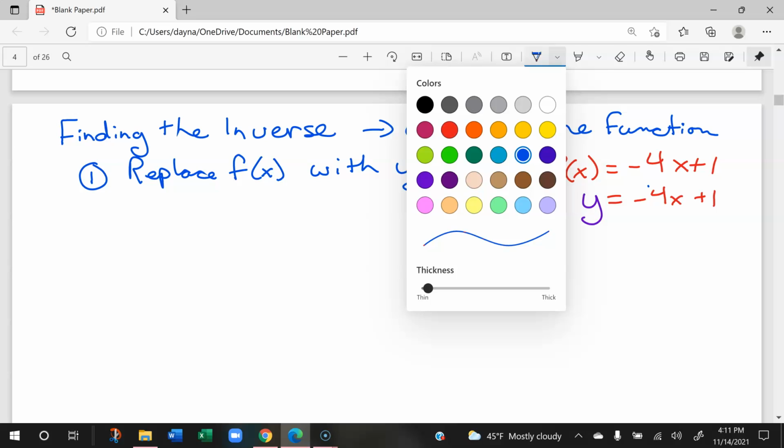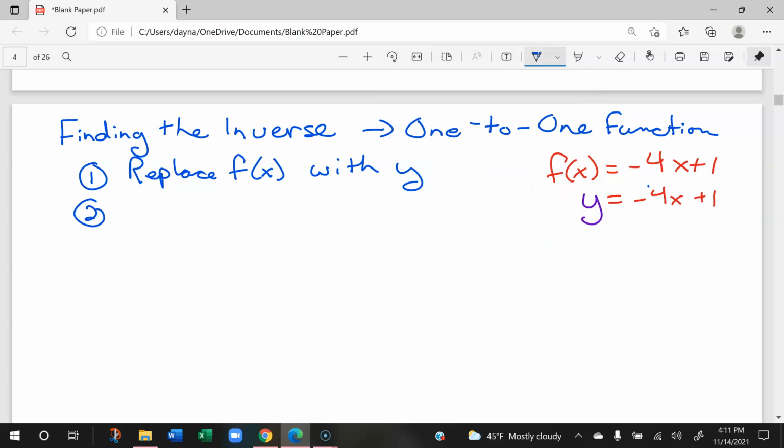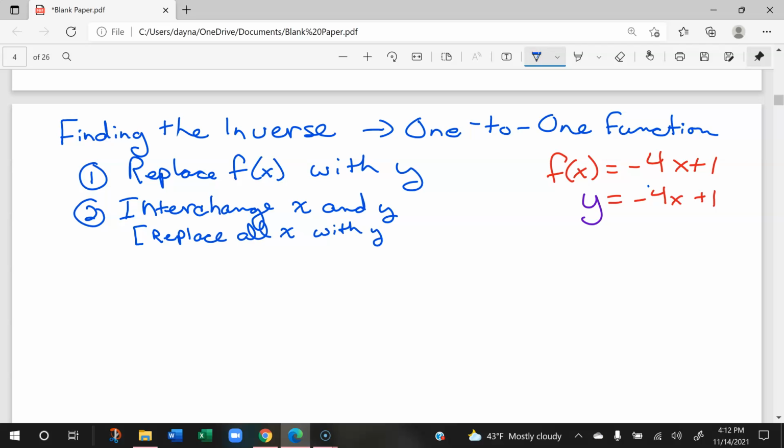The second step that we're going to do is we're going to interchange the x and the y. So interchange x and y. Replace all x with y, and we replace all y with x.